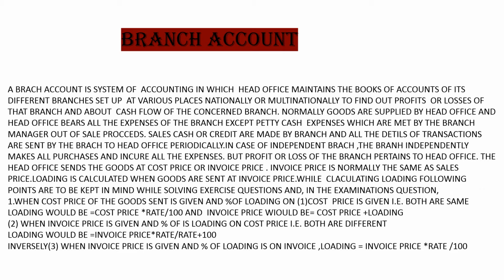Invoice price is normally the same as sales price. Loading is calculated when the goods are sent at invoice price. While calculating loading, the following points are to be kept in mind while solving exercise questions and questions in the examination.